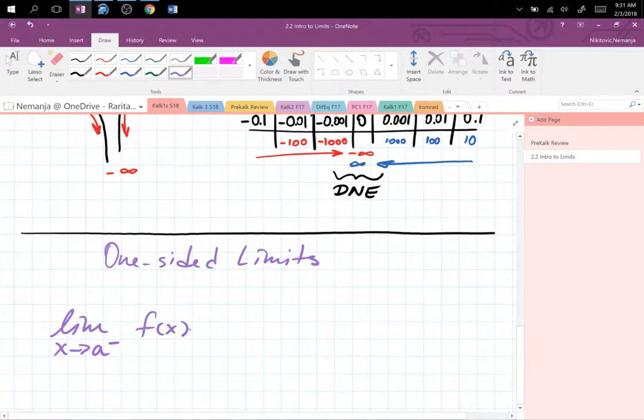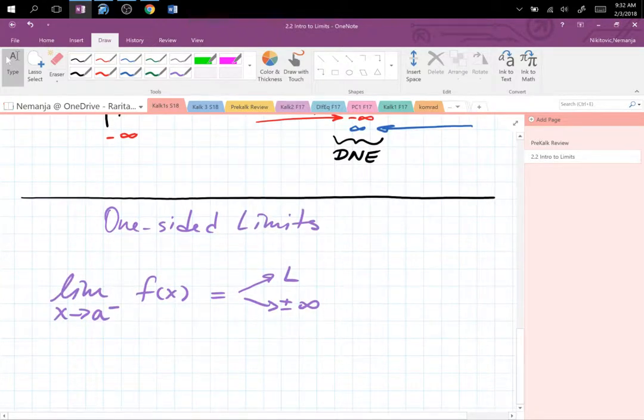Now that one can either be finite or one of the infinities. You cannot have does not exist on a one-sided limit. That makes no sense. With a one-sided limit, you always have to reach something, either a number or infinity. So this is the left limit.